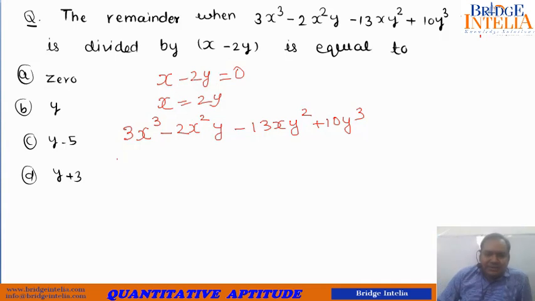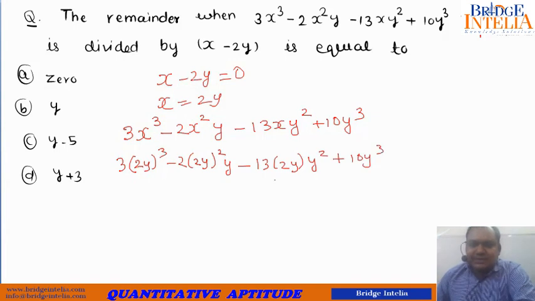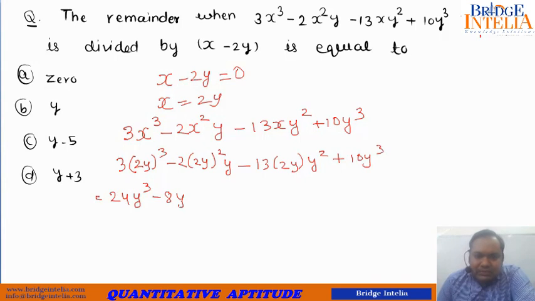So this is 3 into 2y whole cube minus 2 into 2y whole square into y minus 13 into 2y whole multiplied by y square plus 10y cube. So let's see. So this is 8. So this is 24y cube minus 8y cube minus 26y cube plus 10y cube.